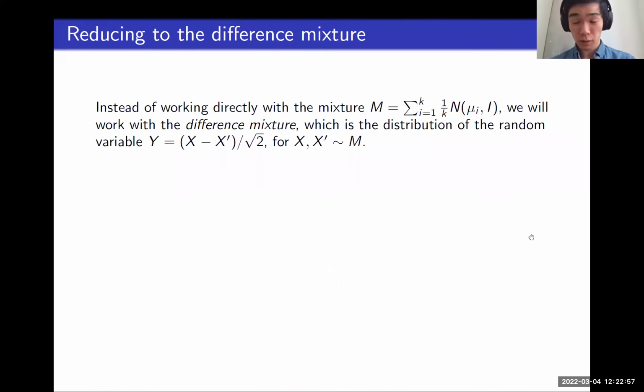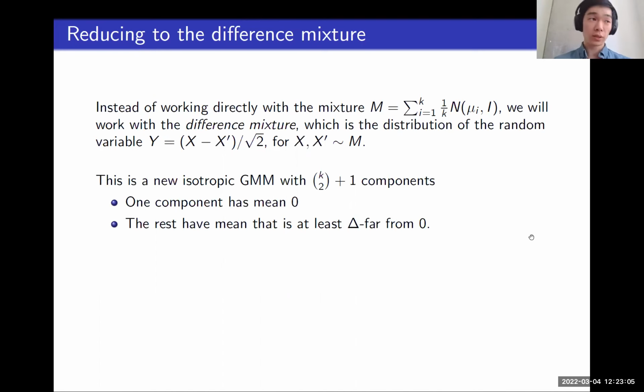which is the difference of two independent samples from M, divided by √2 to normalize and make everything isotropic. Of course, this difference mixture is again a mixture of isotropic Gaussians with k choose 2 plus 1 components. There's one component with mean 0.